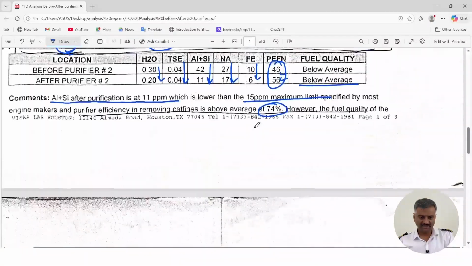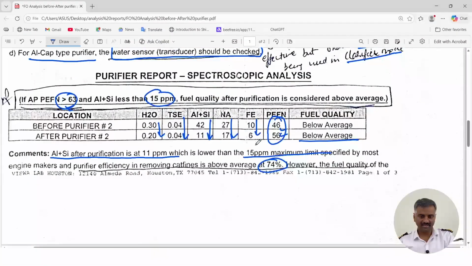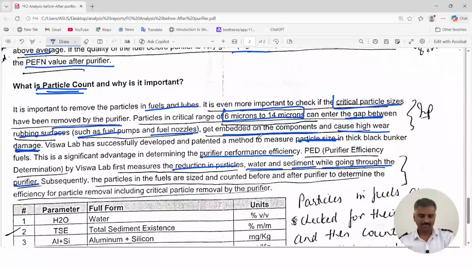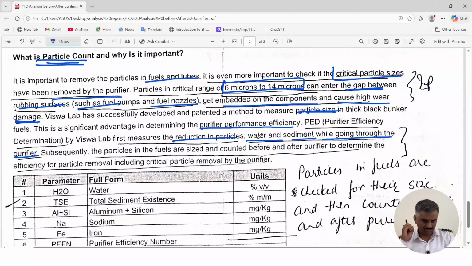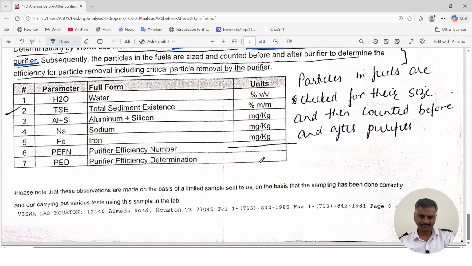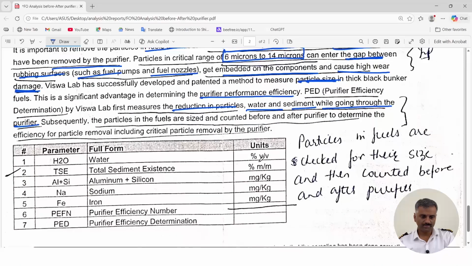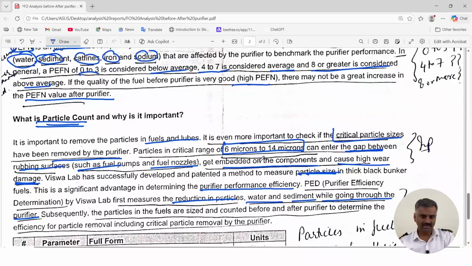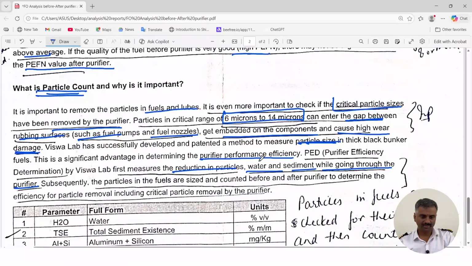Apart from the other parameters, particle counts are also important. That is also something the lab does before and after the purifier. So particles in fuels are checked for their size and counted before and after the purifier, and that is also included in the report.